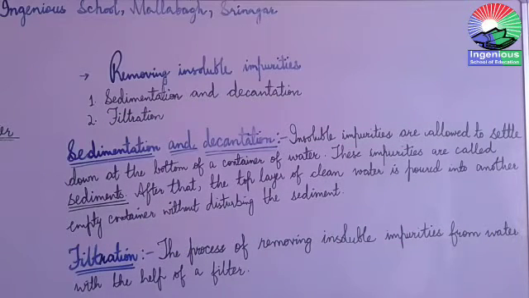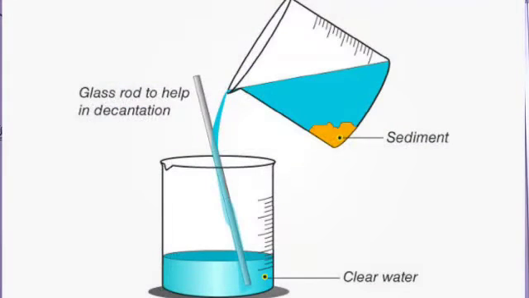And after the sediments have settled down at the bottom of the container of water, the top layer of clean water is poured into another empty container, but without disturbing the sediment.